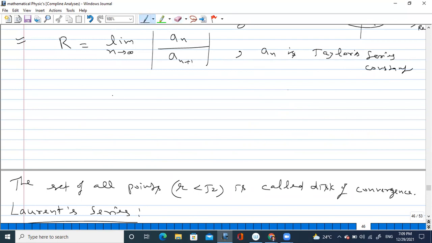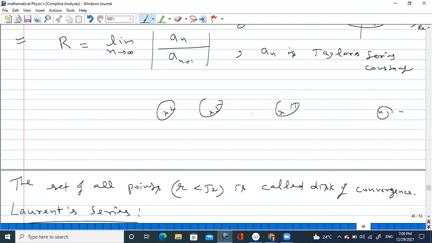But in some Taylor series, the terms which are coming are not in some order, so we are not getting a clue how to find the nth term. Somewhere it is x square, somewhere it is x to the power 5, somewhere it is x to the power 11, like this. So we are not able to know what will be the nth term.